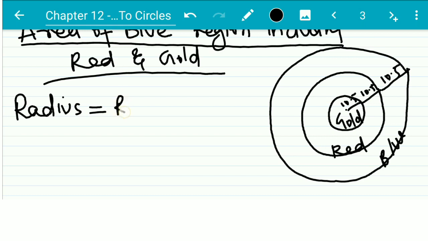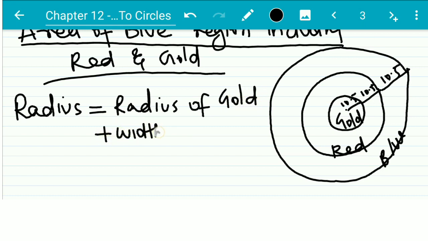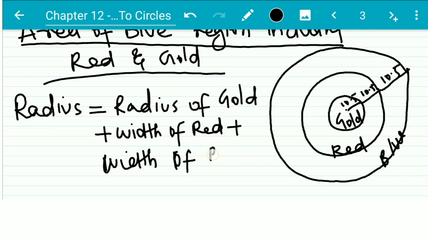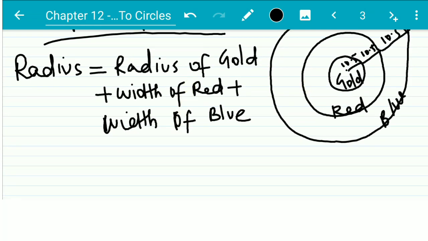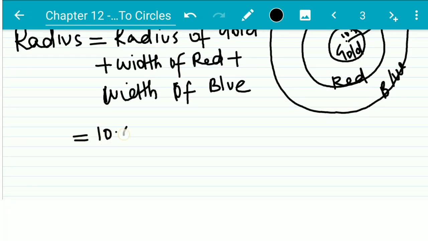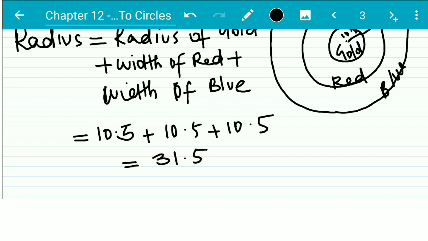Radius of gold plus width of red plus width of what? Blue. Then write what is the radius of gold? 10.5. 21 by 2, 10.5, plus width of red 10.5, plus again width of blue 10.5. So 10.5 plus 10.5 plus 10.5 is 31.5. So this is the radius you need to take while calculating the area.